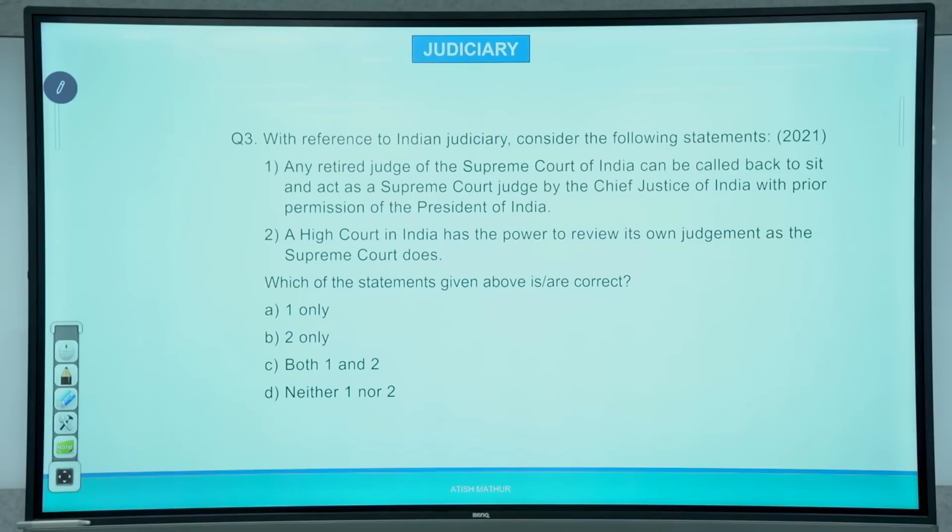The whole game is in just as the Supreme Court does. If you thought there that it is comparing the overall review powers, that means no. But if you thought there that it is only comparing the powers to review its own judgment, then yes.